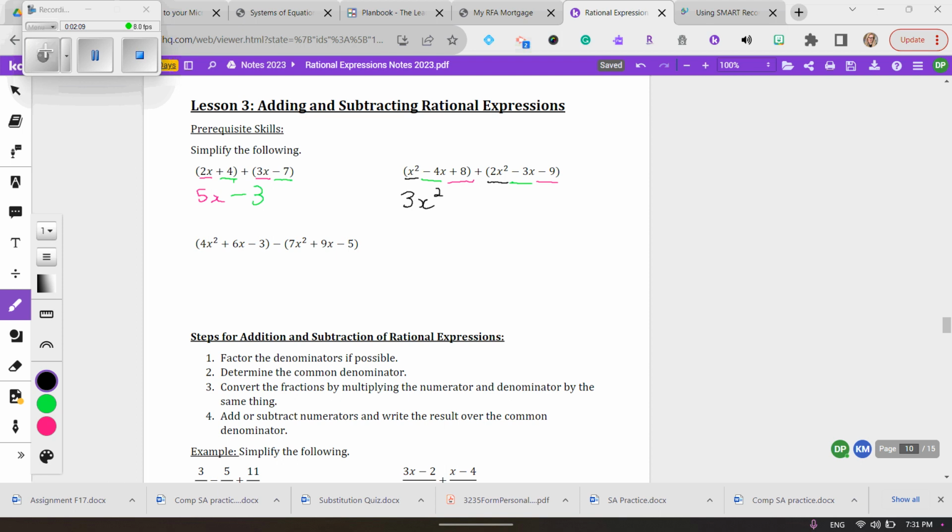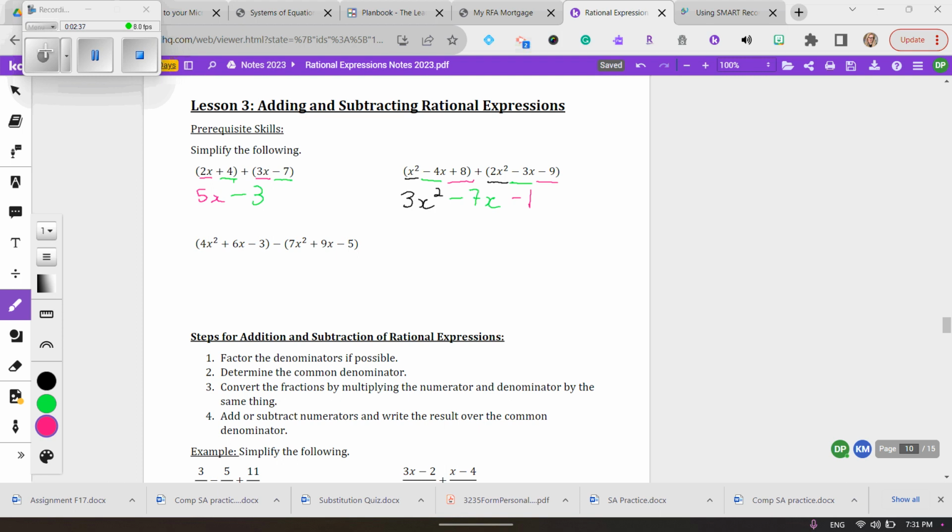The x squared part does not change. Then negative 4x minus 3x is negative 7x. And lastly, positive 8 minus 9. Use your number line or your calculator, and it will give you negative 1. So the simplified version is 3x squared minus 7x minus 1.